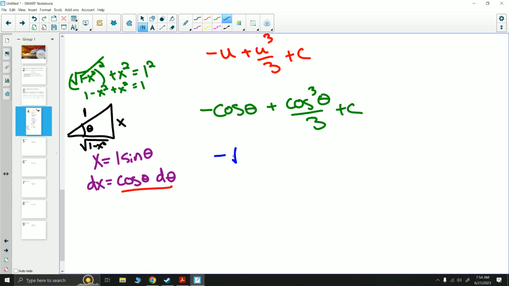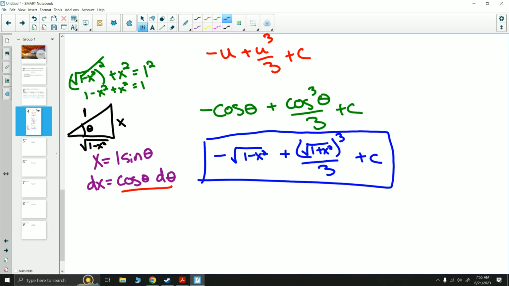So this would be negative square root of 1 minus x squared over 1, which I don't need to write, plus, again, cosine of theta is adjacent over hypotenuse, so square root of 1 minus x squared to the third over 3, plus c. Now you could obviously write this as 1 minus x squared to the 3 halves if you want, but this is sufficient. So this is our integral.